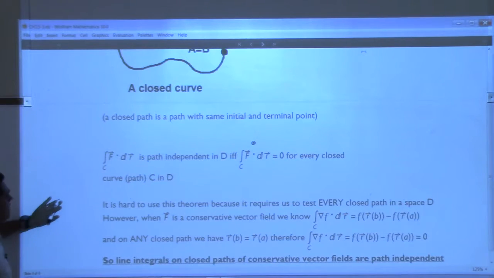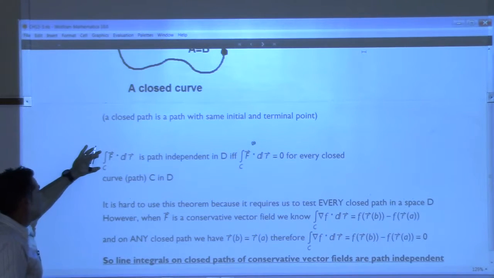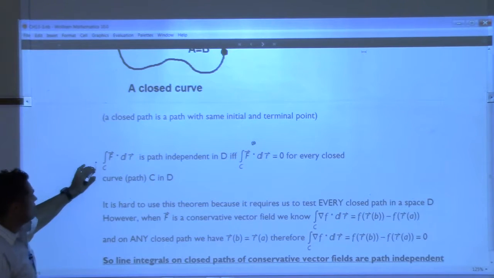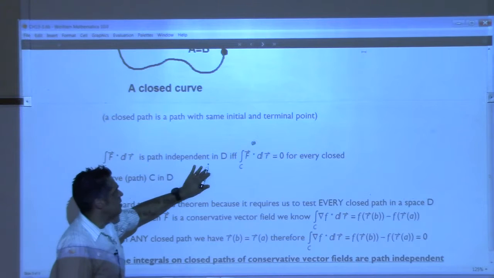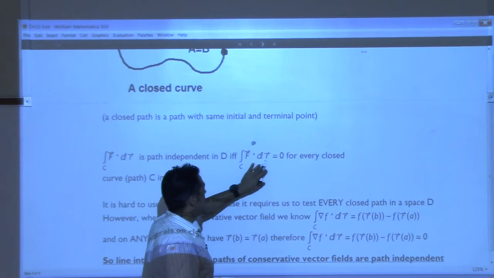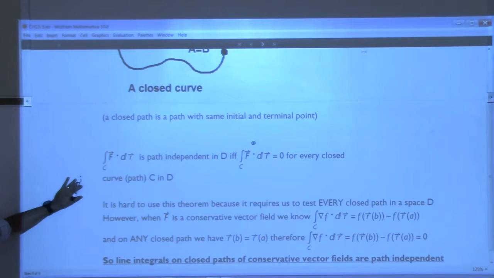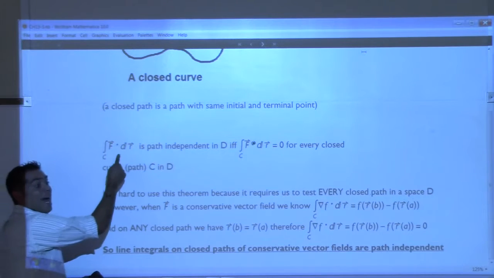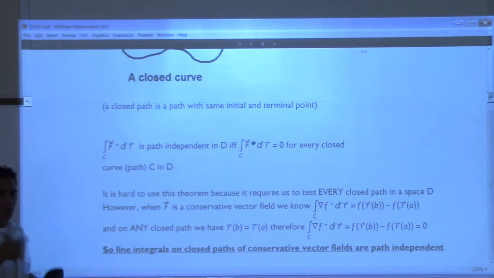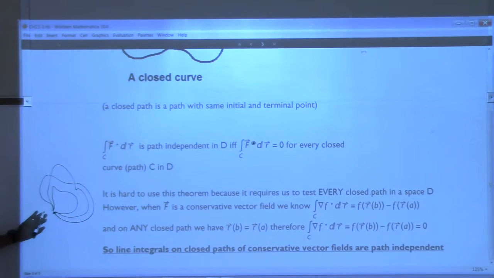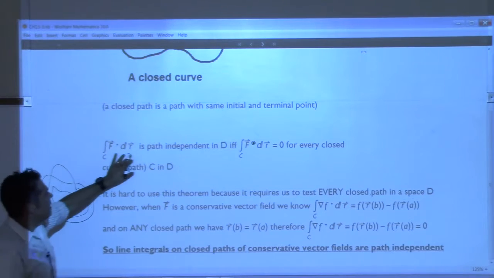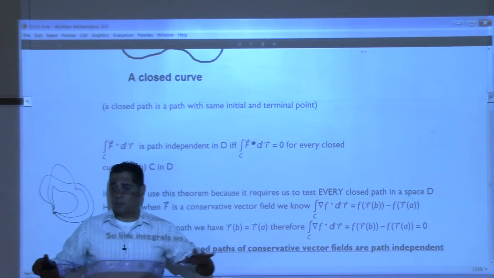This theorem says that the line integral of f over some curve c, so this is like our work integral, is path independent if and only if the work is 0 for every closed curve or path in D. So this theorem actually is not very useful to us, because what it says is that in order to show that the path doesn't matter on a closed curve, if I start here, or if I do a different curve or a different curve, I'd have to show that it equals 0 for every single possible curve you could ever draw.